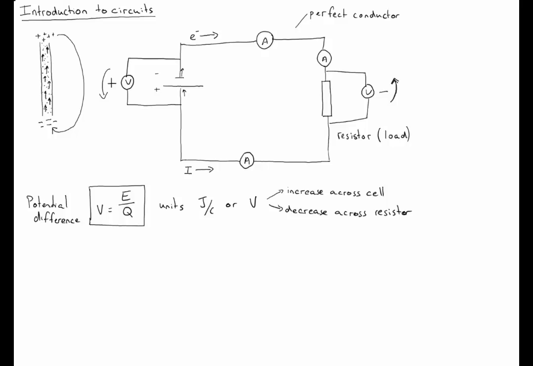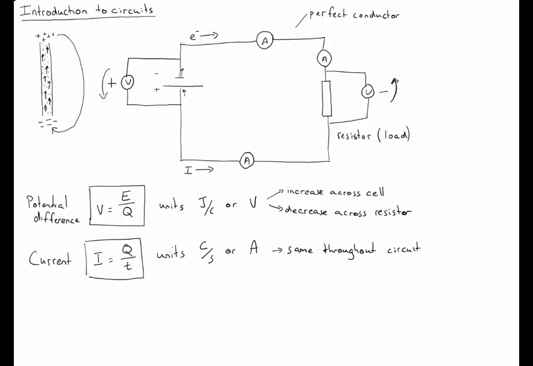And the current, of course, which we have seen before, is defined as the rate of flow of charge. So essentially the amount of charge in coulombs passing a point every unit of time, so every second. So this would be coulombs per second, or amps, which we give the symbol A. And this is the same throughout the circuit.